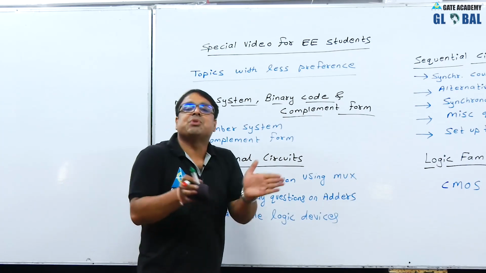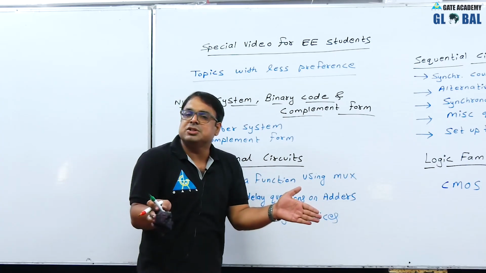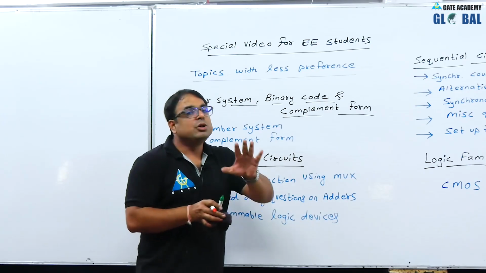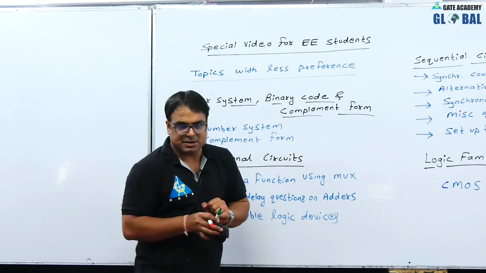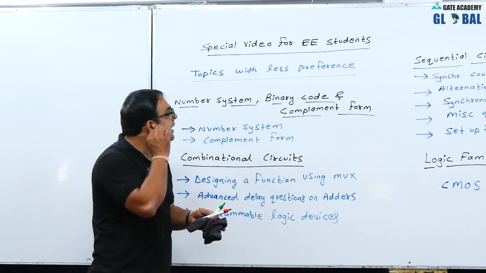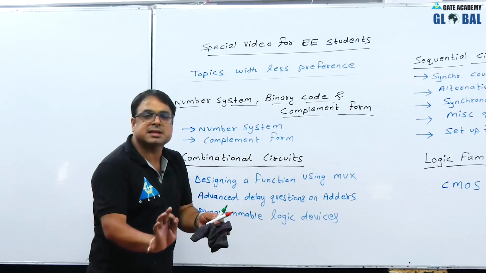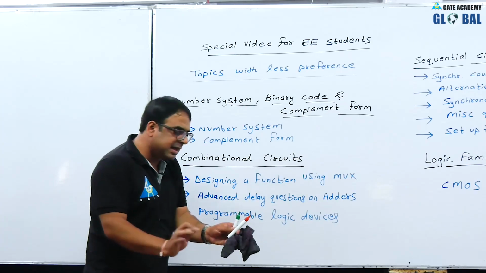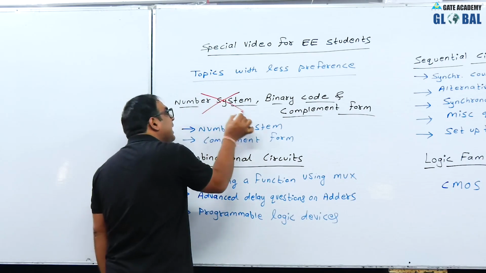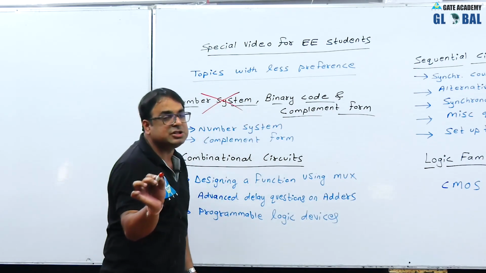As they have a very vast syllabus of electrical engineering, if you are facing issue of time, you can skip some of the topics. For example, which topics you can very comfortably skip without any risk is number system, which will not be asked in GATE exam of electrical engineering.